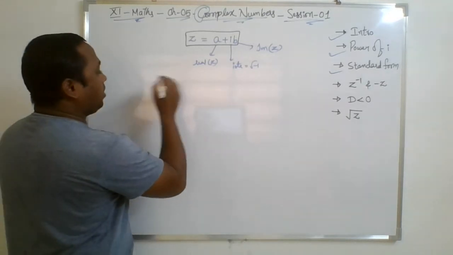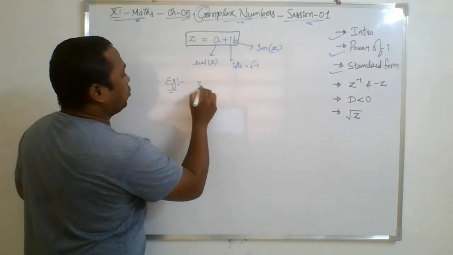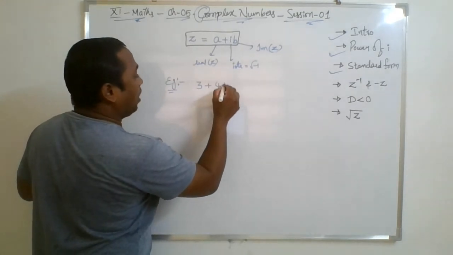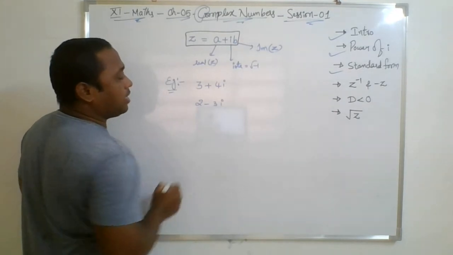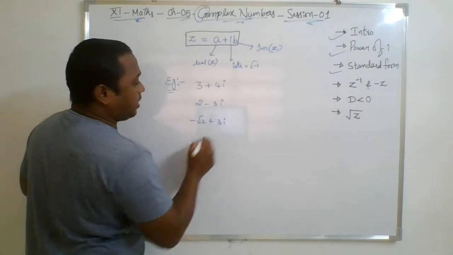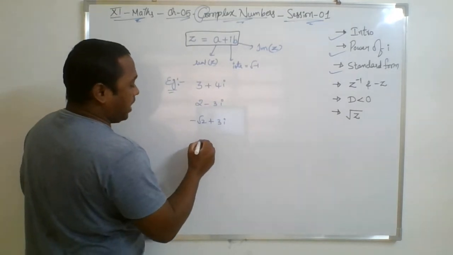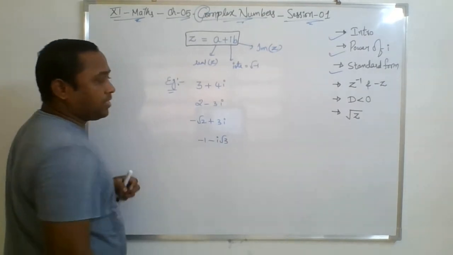Now I can write examples of complex numbers like 3 plus 4i is a complex number. 2 minus 3i is a complex number. Minus root 2 plus 3i is a complex number. Right? Minus 1 minus i root 3 is a complex number.